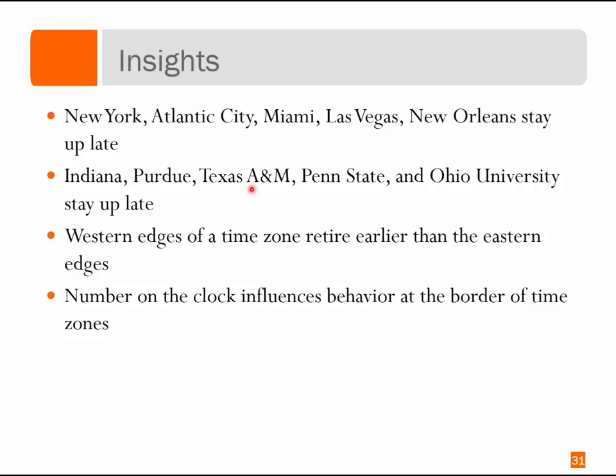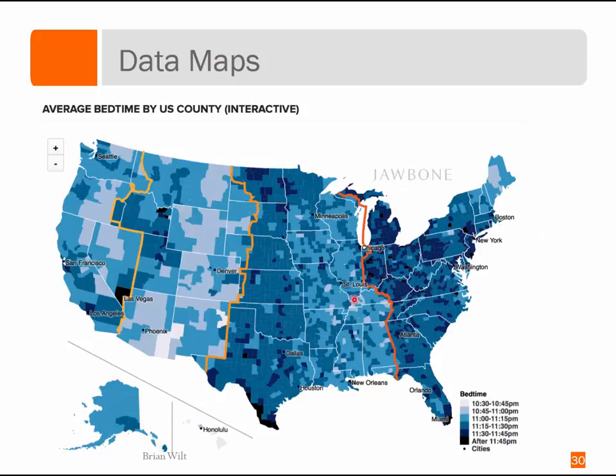So these particular locations, Indiana University, Purdue University, Texas A&M, Penn State, and Ohio University all stay up late. In fact, at Texas A&M, for at least a quarter of the year during football season, there is a cultural event called Midnight Yell Practice, where the entire student body goes to the football stadium at midnight to cheer on the team. Now, this is a peculiar behavior, and no doubt skewed a particular time frame for that location.